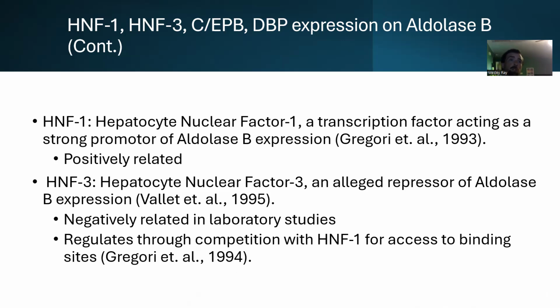And we use HNF3 apparently as a regulatory mechanism to sort of downregulate HNF1 or downregulate aldolase B as needed. So kind of a weird case of competitive promoting acting as an inhibitory mechanism, if that makes sense.